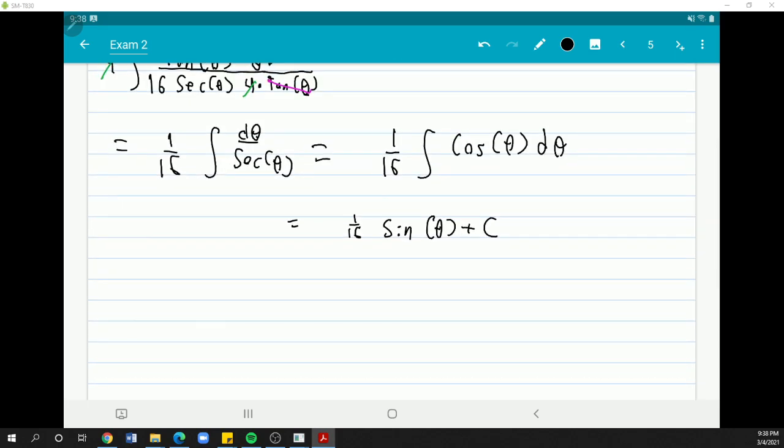Again, we said x was 4 secant theta, so theta is secant inverse x over 4.